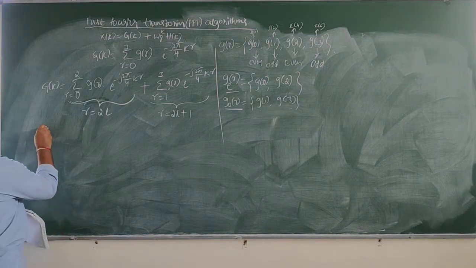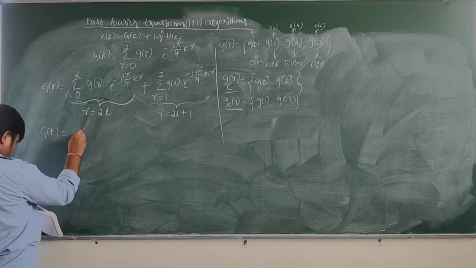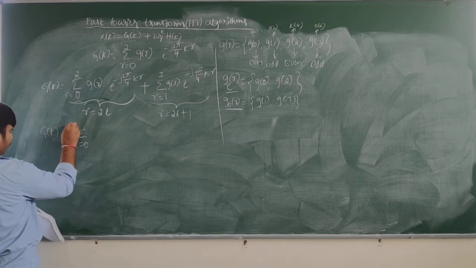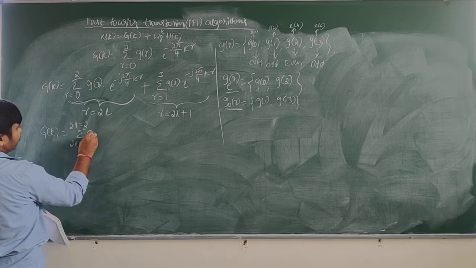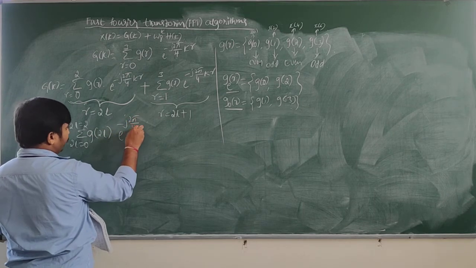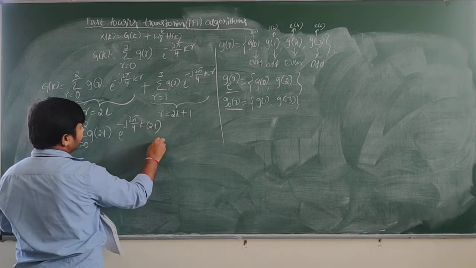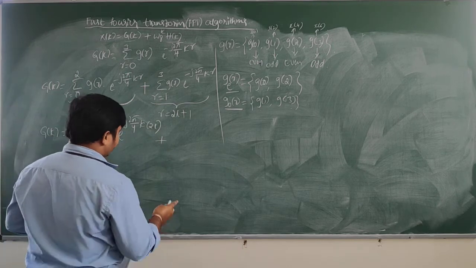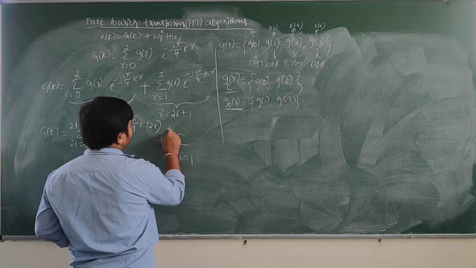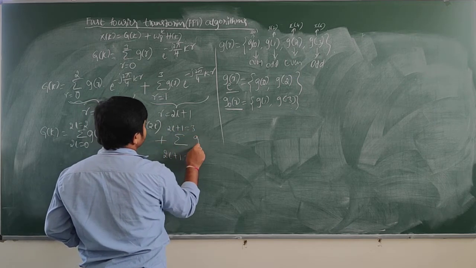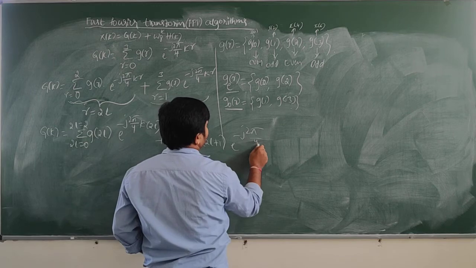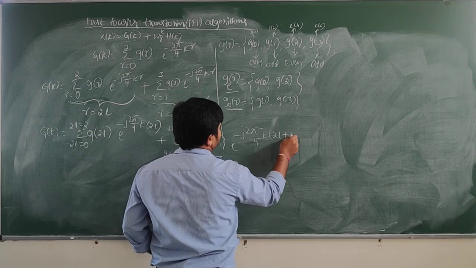Therefore G of k is equal to the summation, where r is equal to 0 means 2l is equal to 0, and 2l is equal to 2, of g of 2l into e power minus j 2 pi by 4 into k into 2l, plus the summation where 2l plus 1 is equal to 1 and 2l plus 1 is equal to 3, of g of 2l plus 1 into e power minus j 2 pi by 4 into k into 2l plus 1.